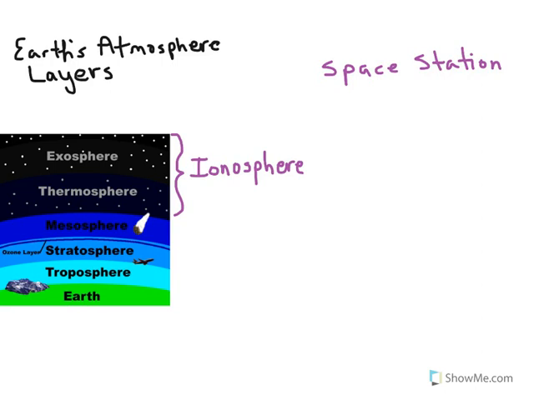And as the name ionosphere implies, this part of our atmosphere is ionized. And that means that the atoms have lost an electron, which gives this part of our atmosphere a charge.